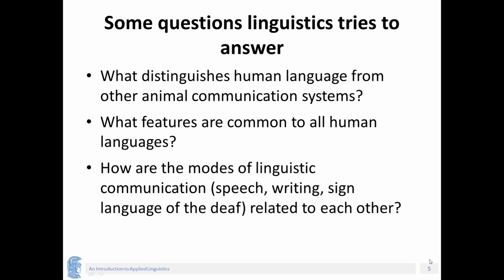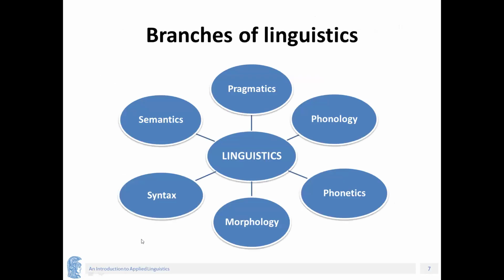And how are the modes of linguistic communication, that means speech, writing, sign language of the deaf, related to each other? Is the language used in writing and the language used in speaking the same? Are they different? Like that.